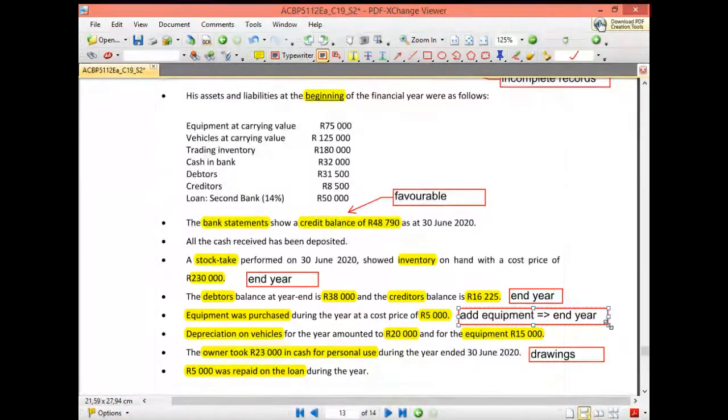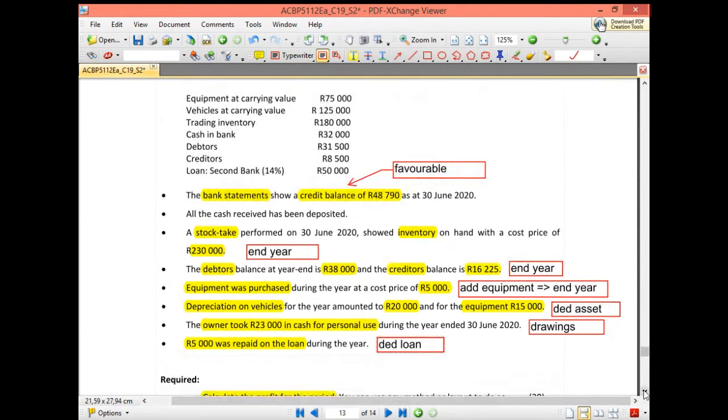Okay, and depreciation on vehicles and equipment would generally have to be deducted from your asset balances to get to a closing balance. And then the owner took 23,000 in cash for personal use, which is drawings, and 5,000 was repaid on the loan during the year. So we have to deduct this from your loan to get to the closing balance. So based on this information, you can see they've only given you assets and liabilities information.